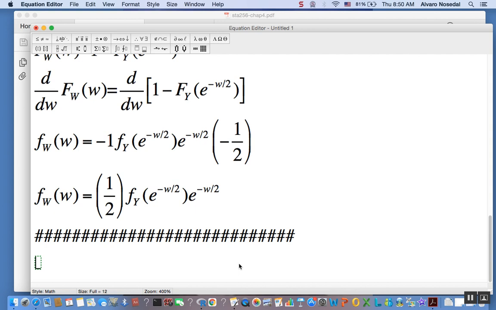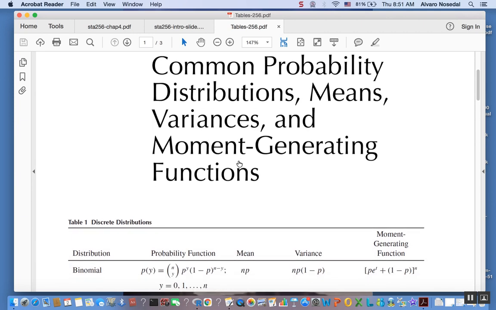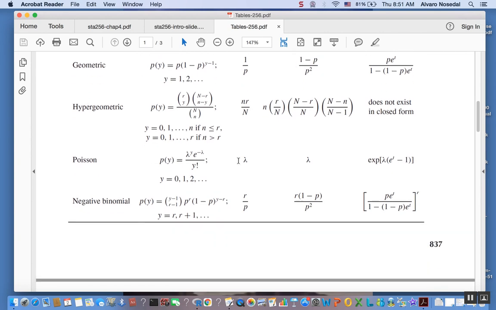Another way of seeing this is taking a look at our table from our textbook, if you don't remember that expression of the PDF of a uniform. Give me just a second, I'll find it for you. Okay, I'm back. I found that table. Remember that on page 837 you will find this, right?